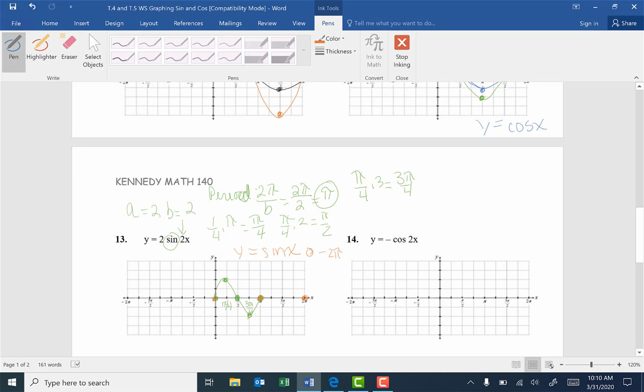And then remember the in-between values would be 1, and the in-between value would be -1. So the normal sine curve looks like this. But in our graph, you see what's happening. We're stretching it up to 2, and we're also closing it in, so it's repeating every pi instead of every 2 pi. So hopefully that is giving you a little bit more information on these graphs, and this will work out.